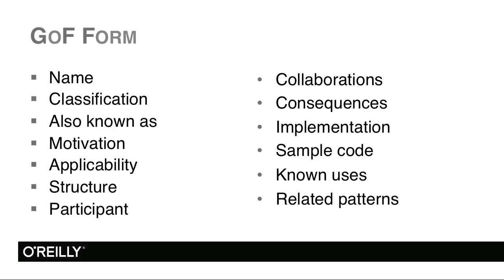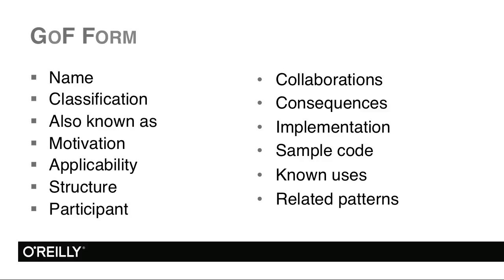There is a motivation for the pattern, it's specifying where it's applicable, there is a description of the structure, there is a definition of the roles called participants, there is a description of the collaboration that is required for the pattern to work, and then there's a discussion of the consequences of applying the pattern, and then there might be some implementation hints and sample code, and also some known uses of the pattern, places where they know that this pattern has been used.